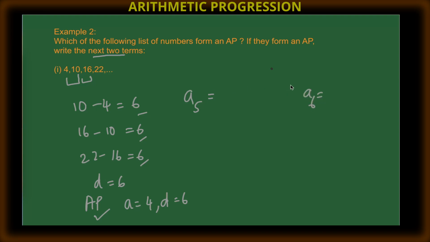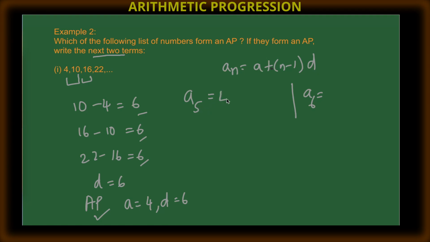Okay, so how do we find it? We have a formula called An is equal to A plus N minus 1 into D. So if you say A5, what is A?